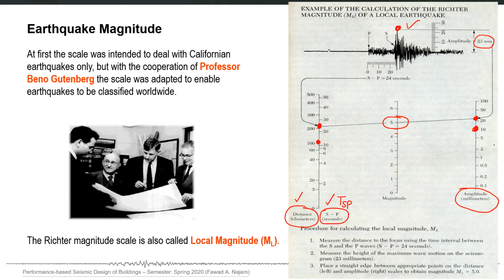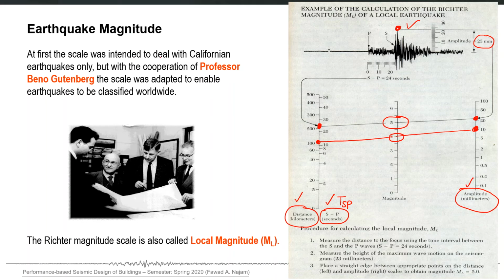If you join them, you will get magnitude 4 exactly. So this graph is made from the same definition of the Richter magnitude scale. So now you can use any distance, not 100, any distance, and if you know the peak number, then you can just join them, and then the magnitude you can calculate from the middle line.